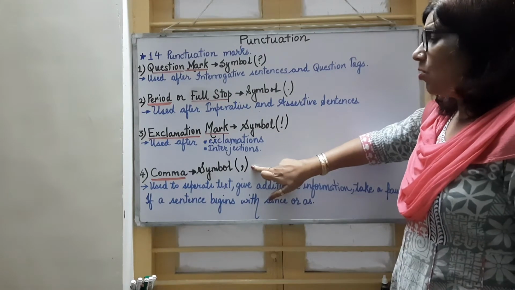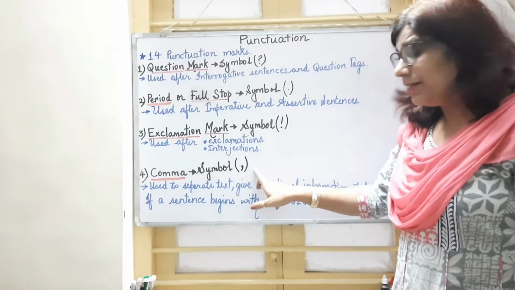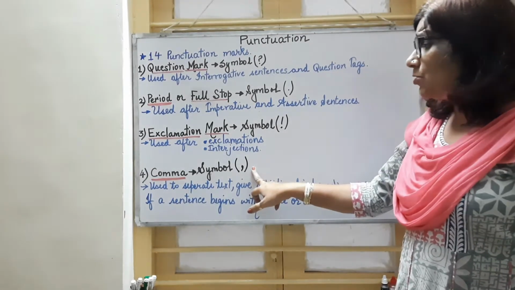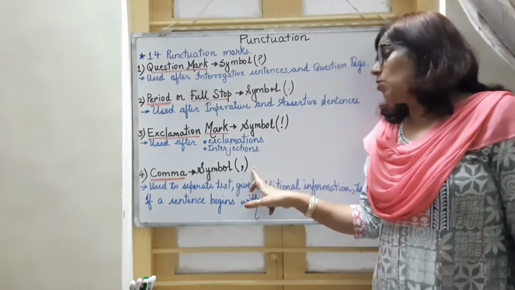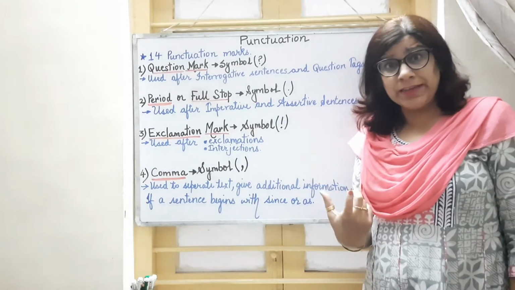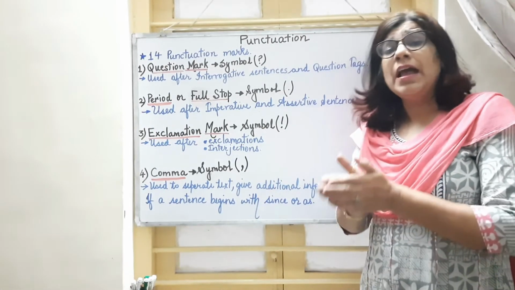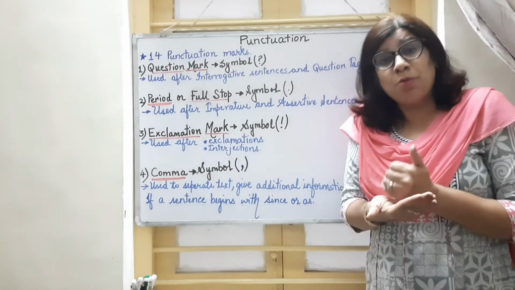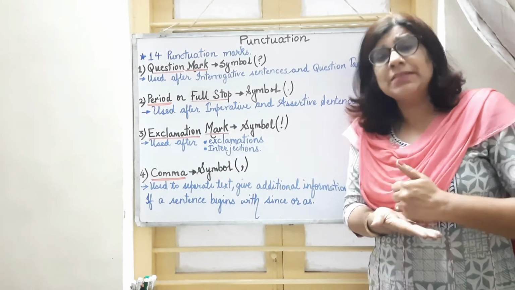Next is comma. The symbol of comma is like this, right? And we have all seen and used it at many places. And we should by now know the use of comma. Remember, a comma is always used to separate texts, and also to give some additional information. At the same time, it is also used to take a brief pause when we want to stop and then start again.